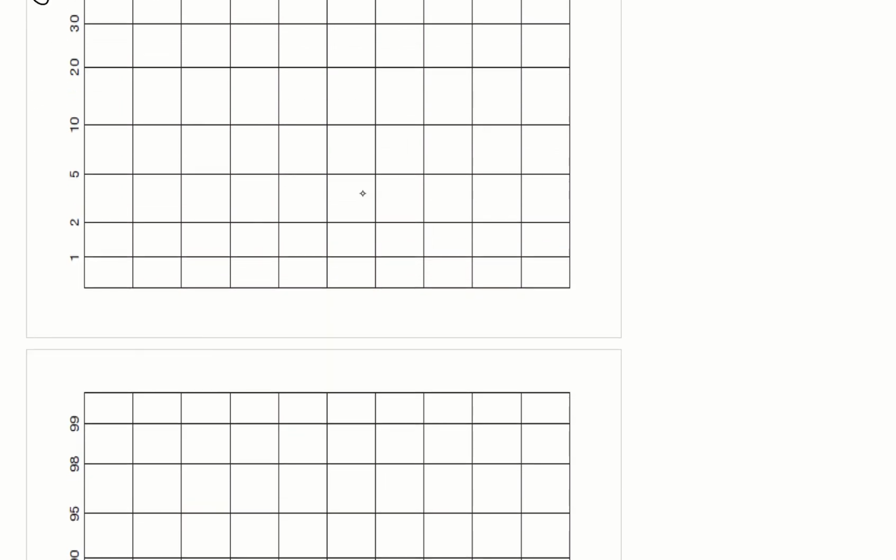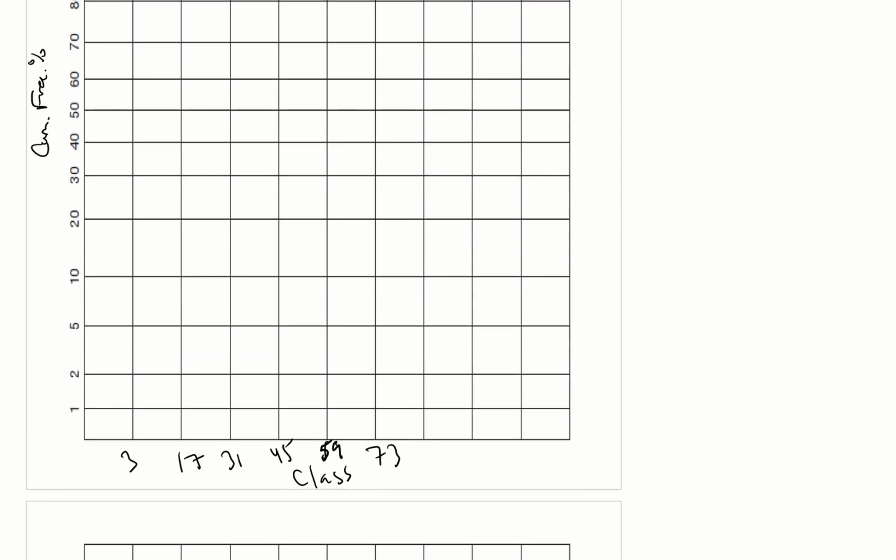So let's go to the normal probability paper. Again, we have our cumulative frequency percent, also known as cumulative relative frequency, same thing. And then we have our data, which I'm just going to call class. So we have 3, 17, 31 for our numbers, 45, 59, and 73. Those are our numbers for our intervals.